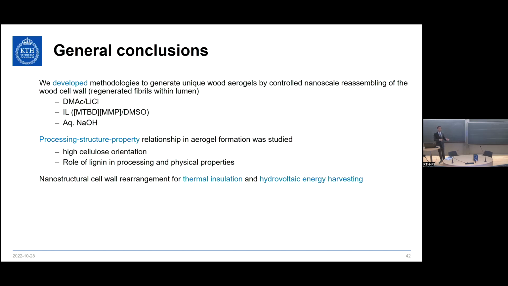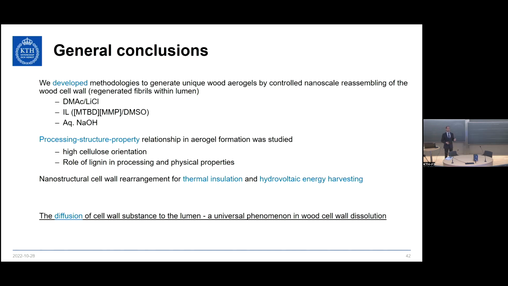We then understood the role better of lignin, both in processing, but also how it affects the physical properties. And through this nanostructural control, we could design materials for thermal insulation and for hydrovoltaic energy harvesting. And the last point, but very importantly, is that the diffusion of cell wall substance to the lumen was seen as a universal phenomenon in wood cell wall dissolution.